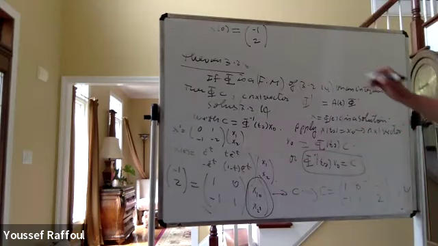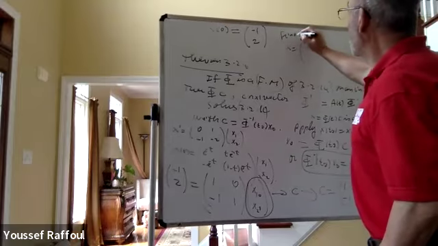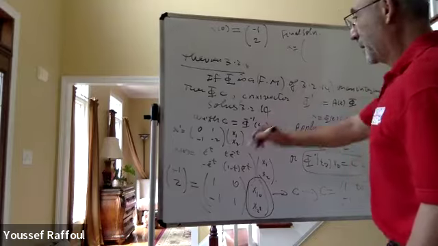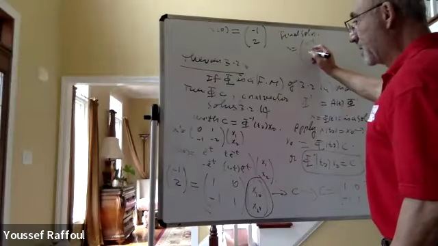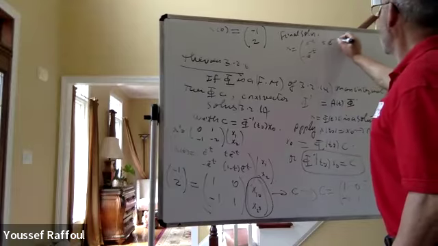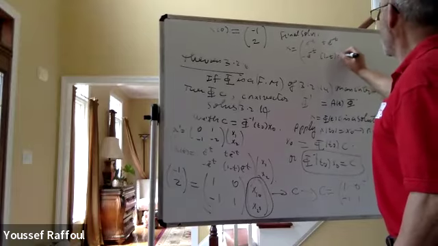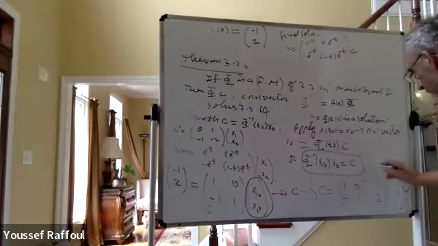And then finally, your final solution x is this matrix, e to the minus t, minus e to the minus t, t e to the minus t, 1 minus t e to the minus t, times C. And what is C? This one.